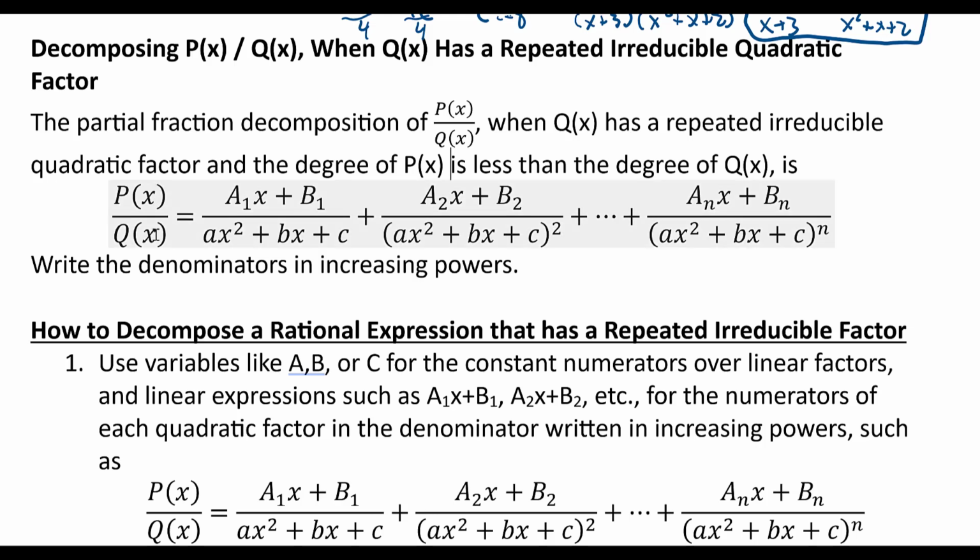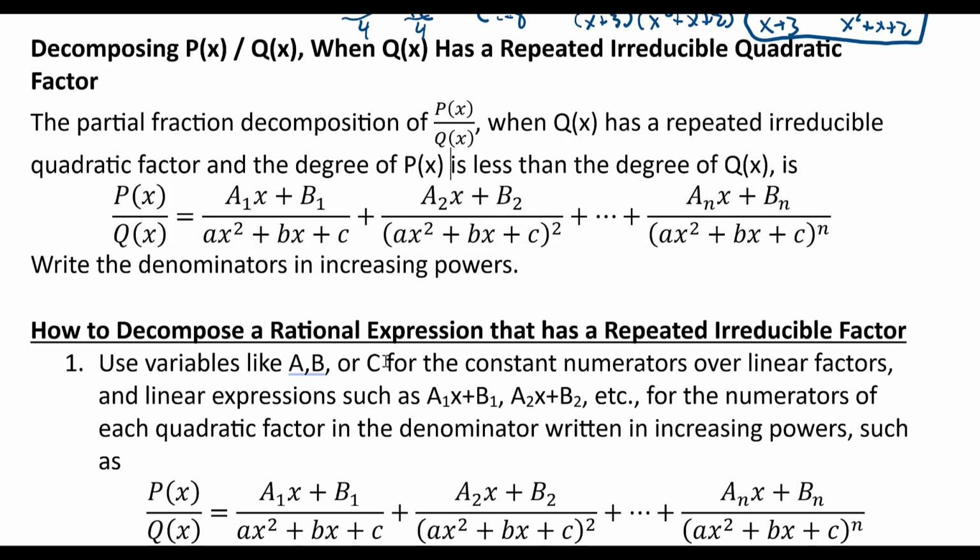So we have p of x over q of x is a1x plus b1 over our irreducible quadratic factor, plus a2x plus b2 over the same factor but now squared, plus dot dot dot, a sub n x plus b sub n over that same quadratic factor now to the nth power.